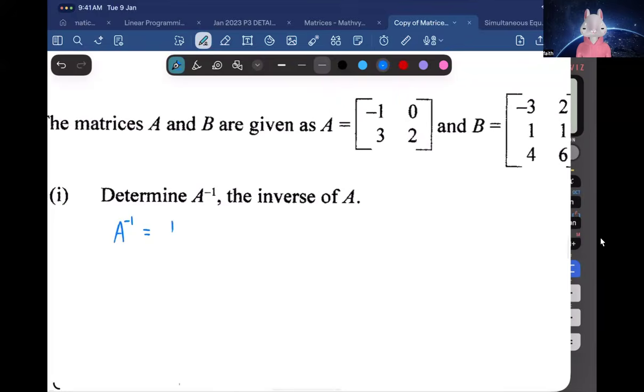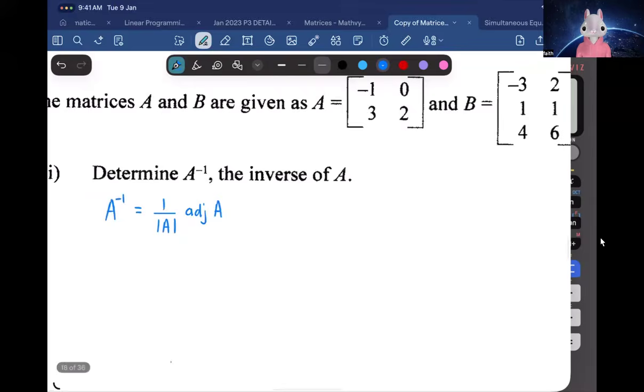One over the determinant of A, multiplied by the adjoint. Yes, big up yourself.